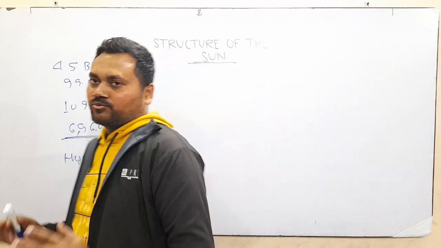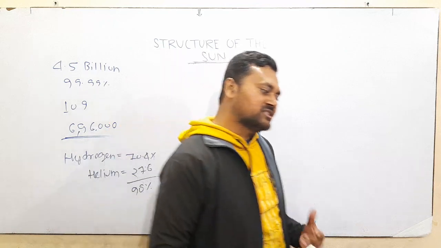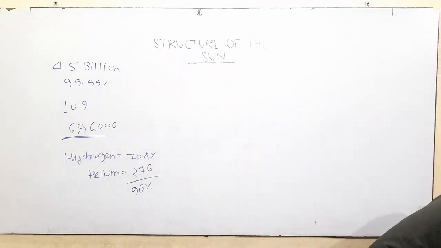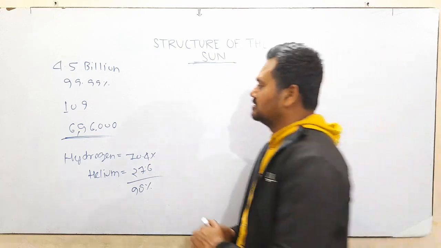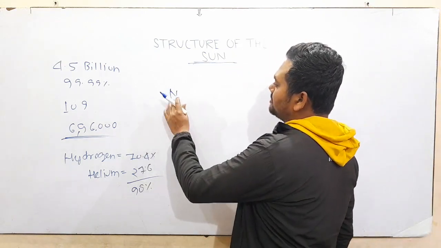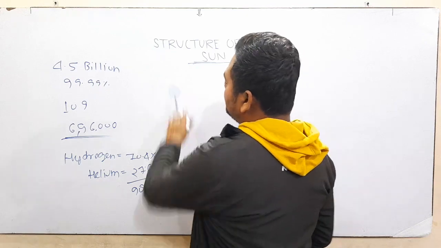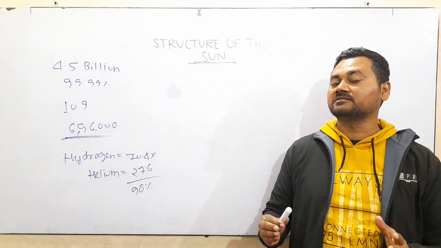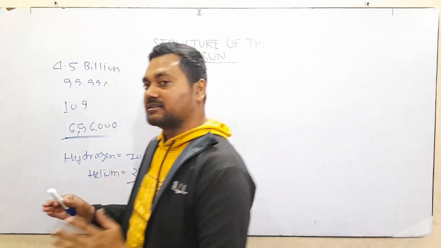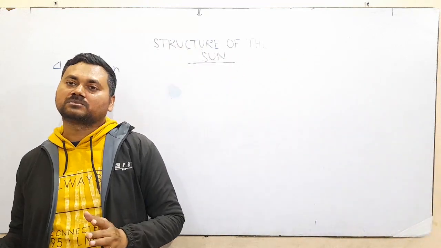The process through which the Sun generates energy is called nuclear fusion. There are two processes: one is nuclear fission and the other is nuclear fusion.